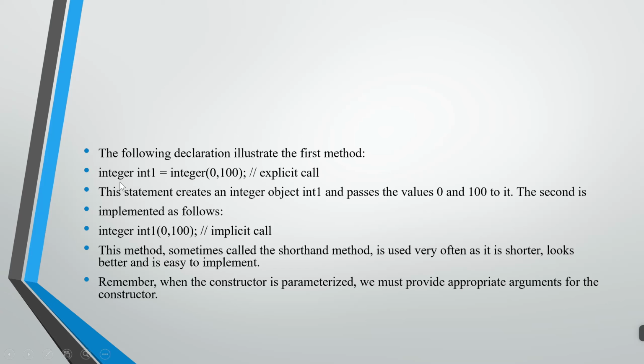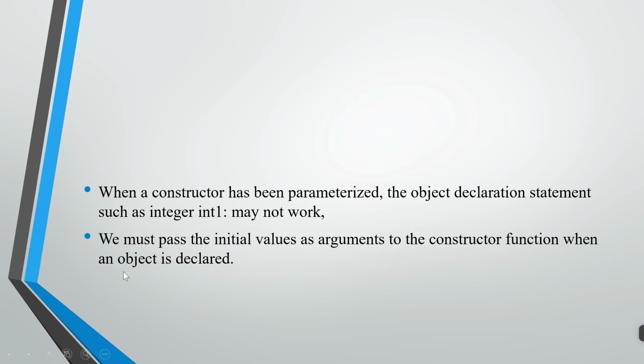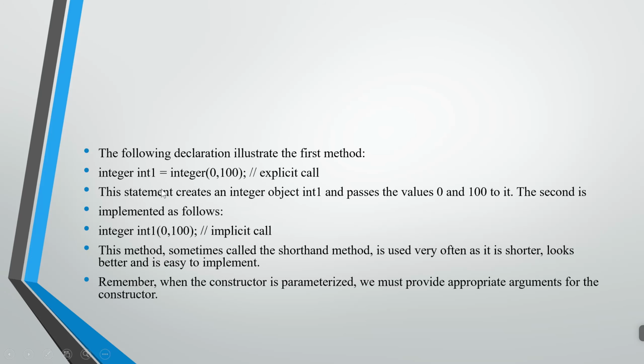It is a class. int1 is an object. Now I am explicitly loading the value int1.m to 0, int1.n to 100 by calling the constructor here, integer 0, 100. So m becomes 0, n becomes 100.